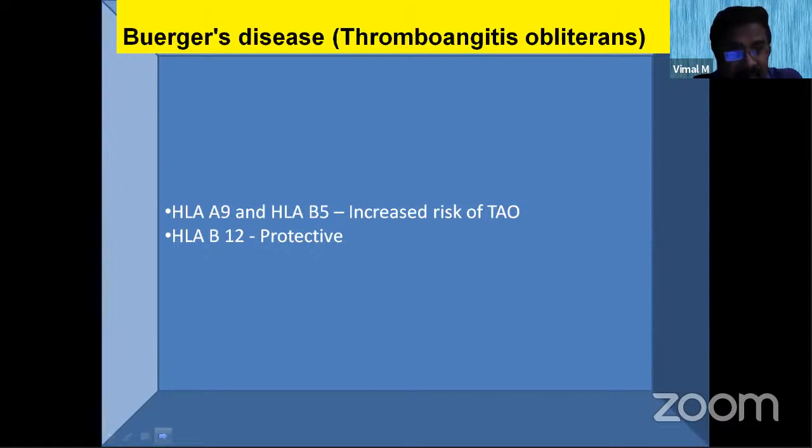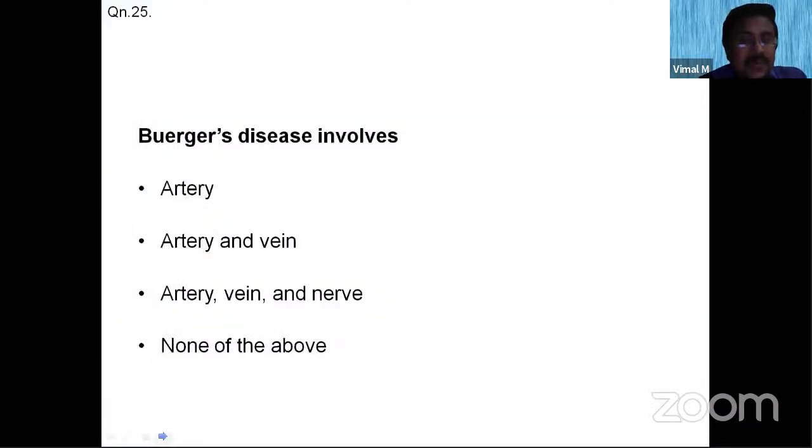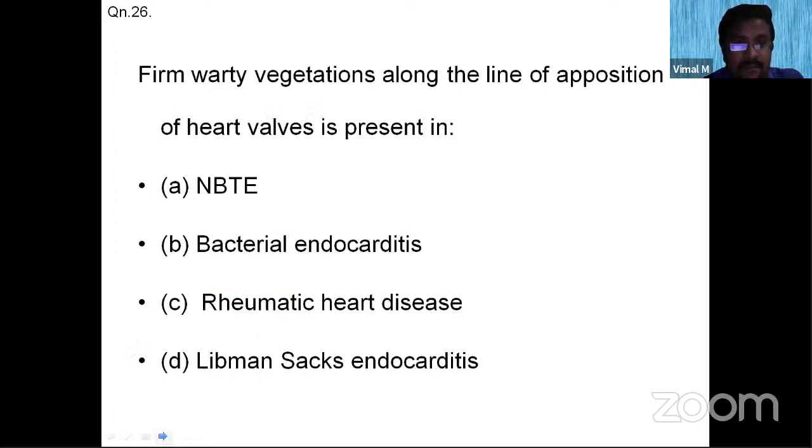The answer lies here: it is because of the HLA composition. HLA-B12 is protective, whereas HLA-A9 and HLA-B5 predispose to thromboangiitis obliterans. Having discussed all these things, you will be able to solve this very easy question: Buerger's disease involves all three, that is the artery, vein and nerve.